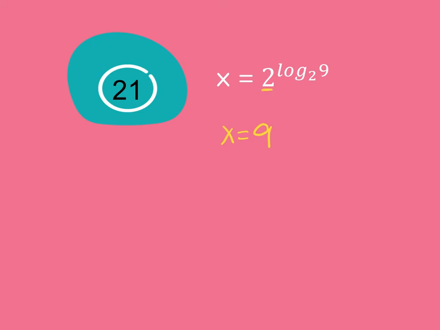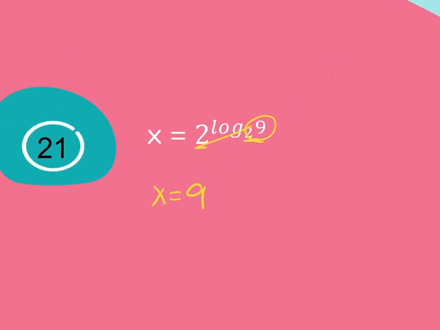Okay, the base here is the same as the base there, so I can cancel through it and keep it. If I rewrote that the long way around, 2 would be the base on the log. The x would join the 2, it would drop off, leaving the log base 2 of 9. And then the one-to-one property says set just the x and the 9 equal to each other. But where do you get the log on the left side from?